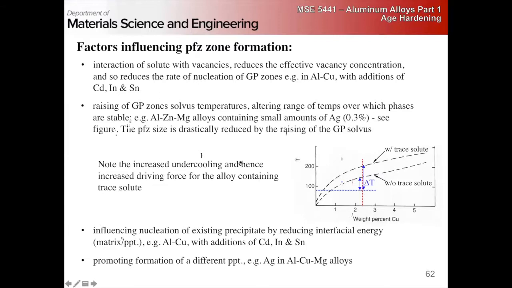And then we can also alter the interfacial energy of the equilibrium phases. If we can reduce the interfacial energy of the intermediate or equilibrium phase and make those easier to nucleate, either homogeneously or heterogeneously, then we're not necessarily going to form GP zones, and we're not going to form precipitate free zones.